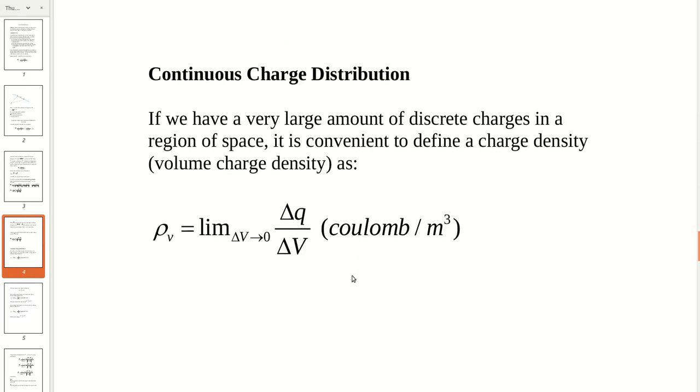Now let's see another thing. If I have a large amount of discrete charges, n charges, in a free region of space, we can define a charge density, charge per volume, as the difference in charge over the volume.